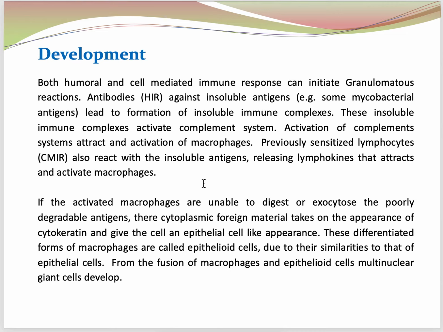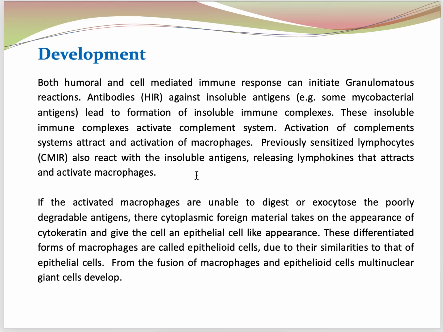These antibodies can lead to formation of insoluble immune complexes, and these insoluble immune complexes activate the complement system, and activation of the complement system attracts and activates macrophages. Then previously sensitized lymphocytes also react with these insoluble antigens, releasing lymphokines that attract and activate macrophages.